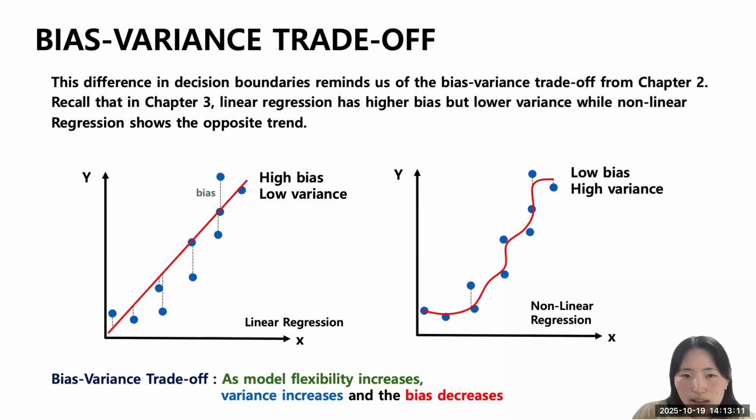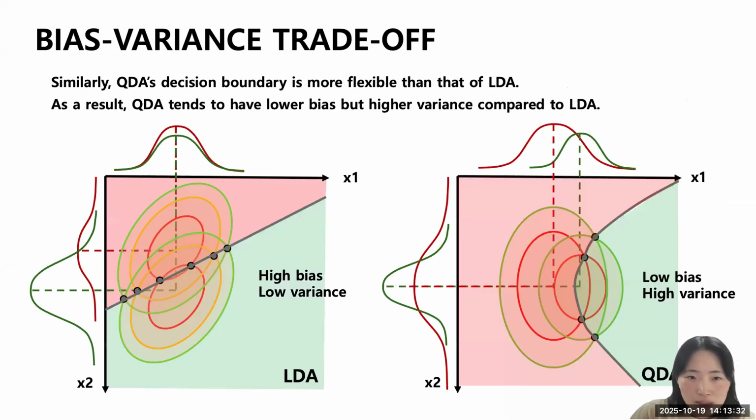The difference between LDA and QDA boundaries reminds us of the bias-variance trade-off. Linear models like LDA or linear regression have higher bias but lower variance. In contrast, more flexible models such as QDA or nonlinear regression have lower bias but higher variance.